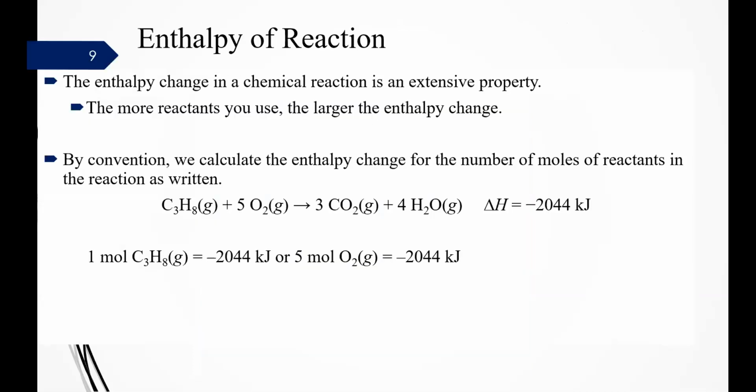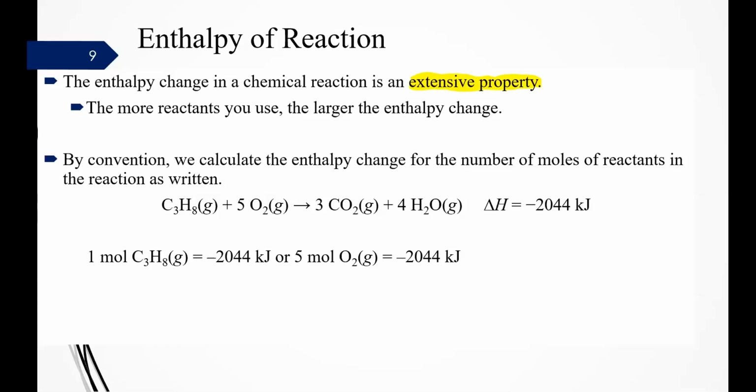And so as an example, this one here, whenever we do our enthalpies of our reaction, right, we want to remember that just as we did with Hess's law, this is an extensive property. So the more of it we do, the larger that value is going to be. The less of it we do, the smaller that value can be. Right? And so it does vary with how many times we do the reaction.